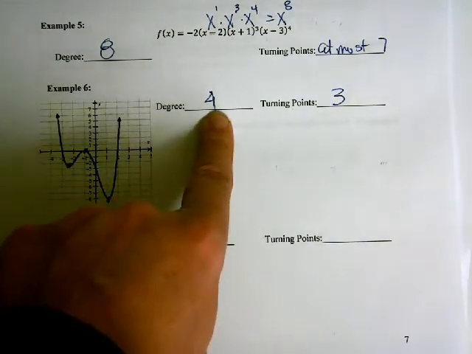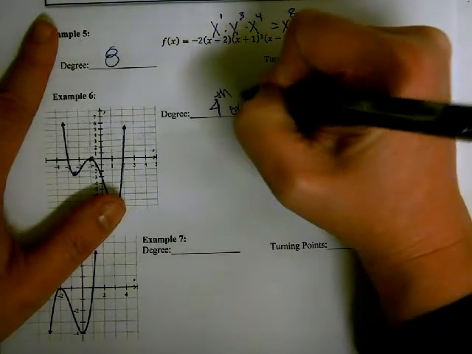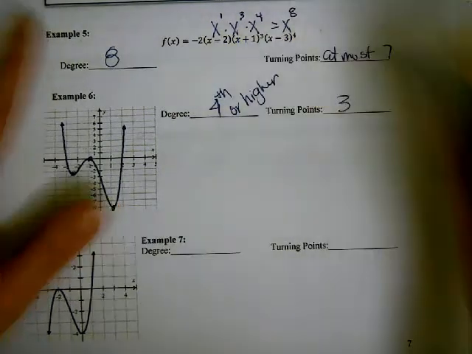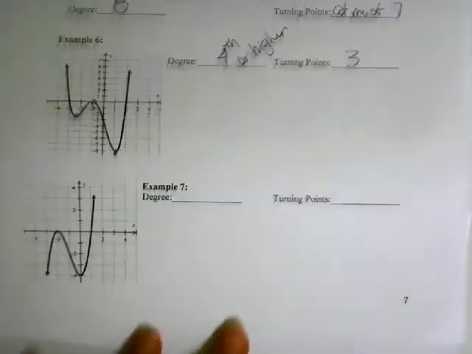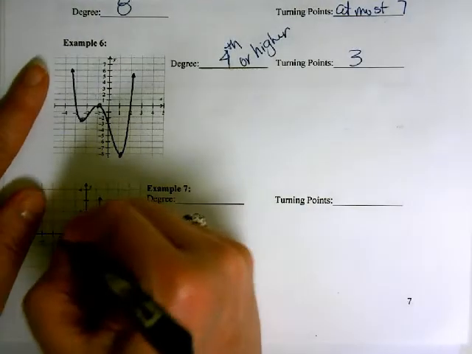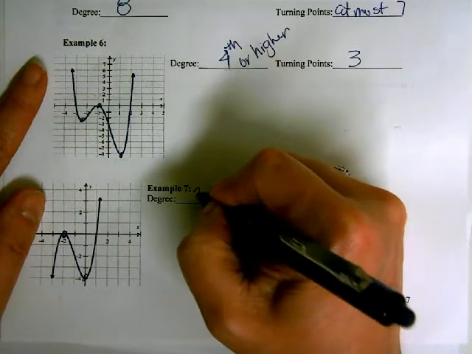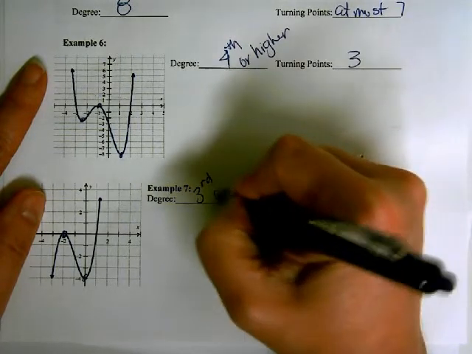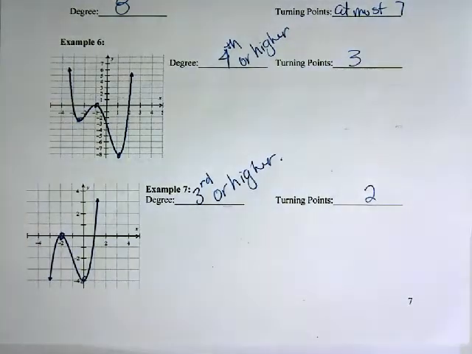So it can be a 4th degree or higher. So taking a look at the last one, really honing in, I have 2 turning points, which means I can have a 3rd degree polynomial or higher for my function.